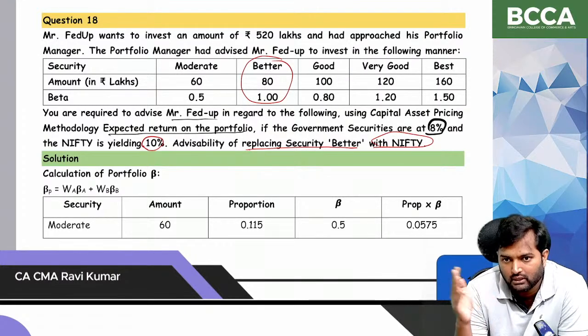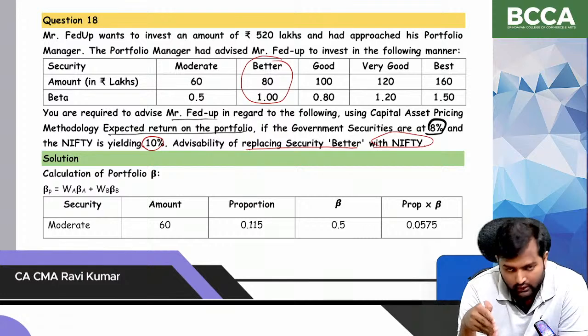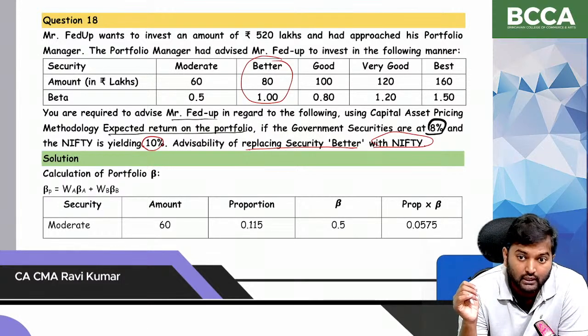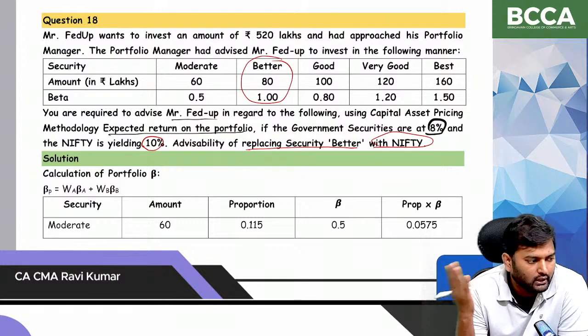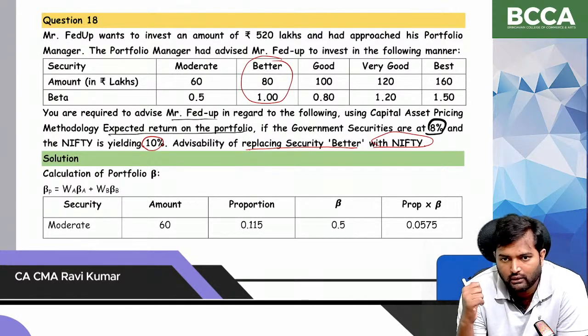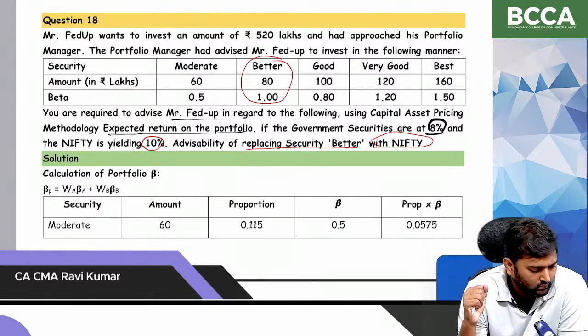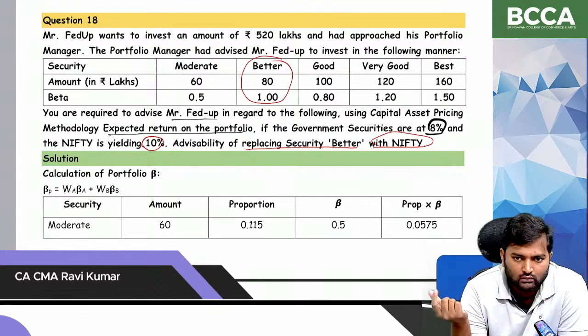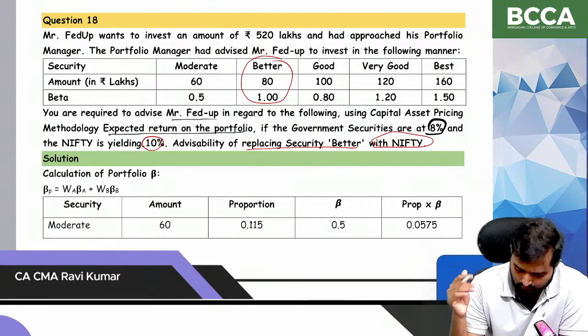For every 1% change in market, security good changes by 0.8. When compared to market, security good has lesser systematic risk. Clear? Done? Done, Sai Ganesh?